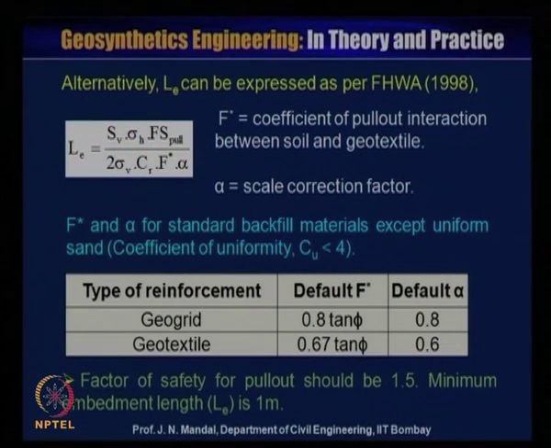Alternatively, LE can be expressed as, per FHWA 1998, LE is equal to SB into sigma H Fs pull divided by twice sigma V CR F star alpha, where F star is the coefficient of pull-out interaction between the soil and geotextile, and alpha is the scale correction factor.